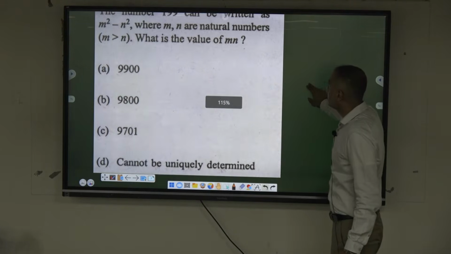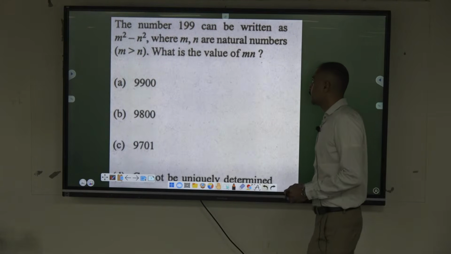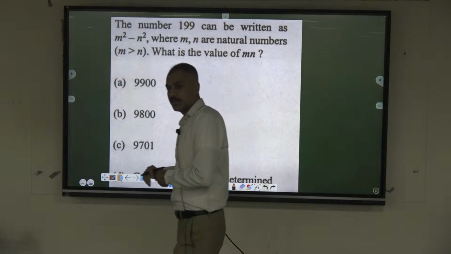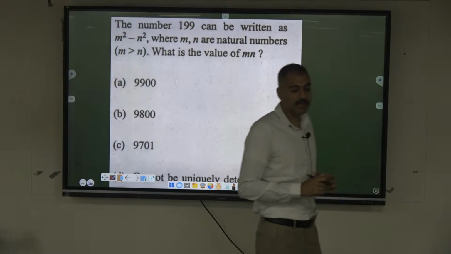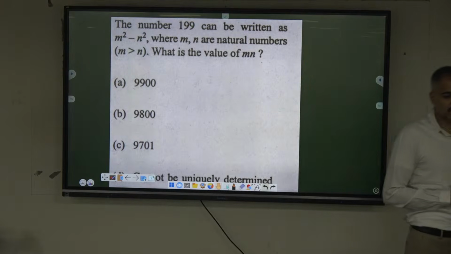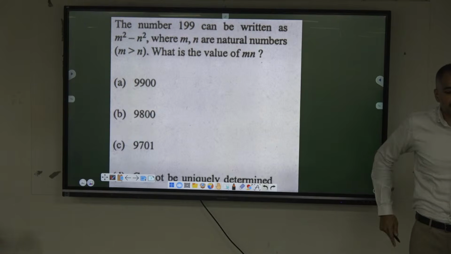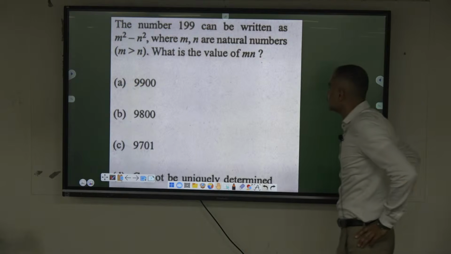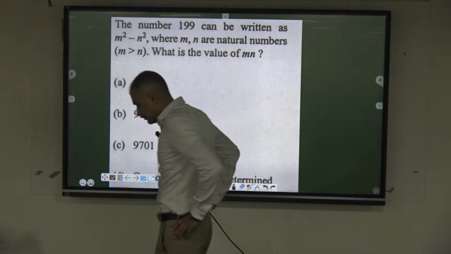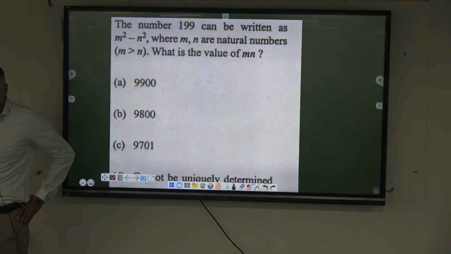The number 199 can be written as m square minus n square, meaning m square minus n square is equal to 199. (m plus n) into (m minus n) is equal to 199. Is 199 a prime?